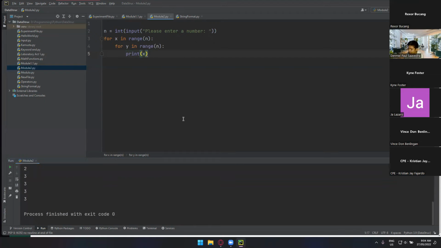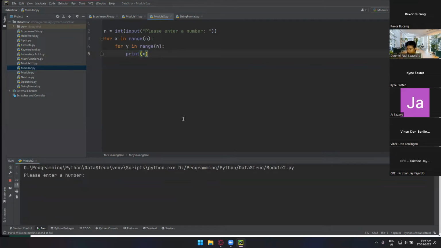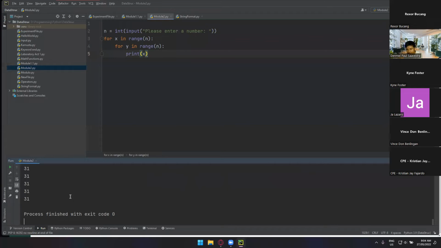And if it's 5, then 32 times, I guess. So 5 zeros, correct? Let me just check. 2 raised to 5, is it 32? 16, 32.